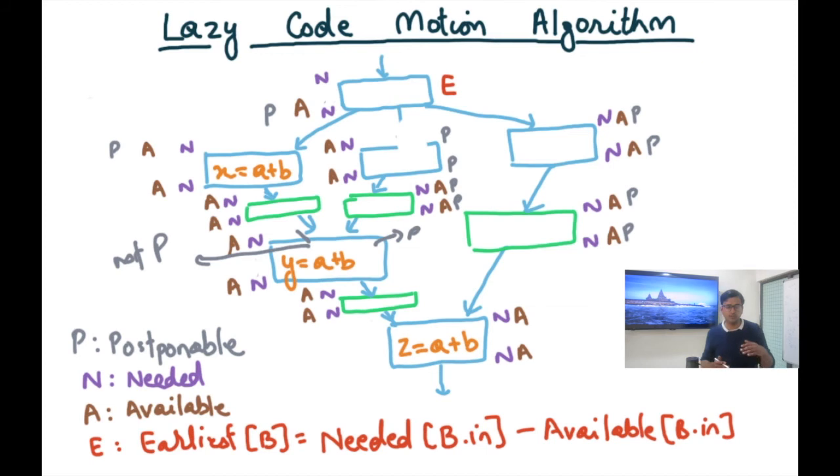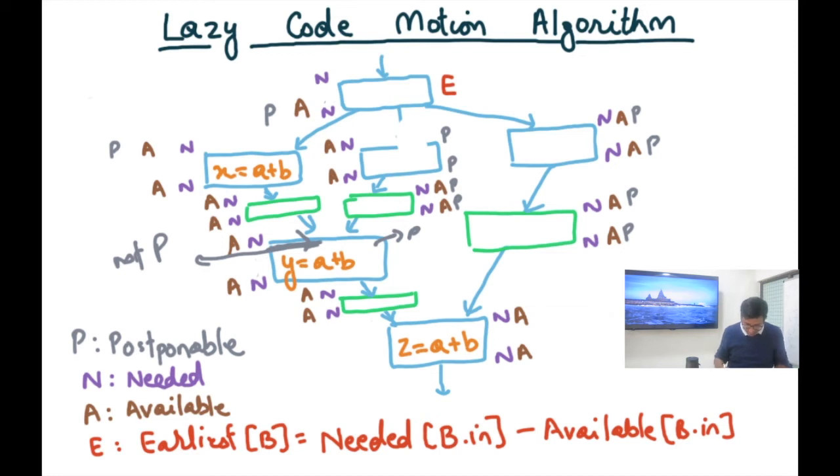Now this also makes intuitive sense because postponable means that I can compute a plus b here, but I should do that only if it's possible to postpone the computation here on all the incoming program paths. Even if it's not postponable from some of the incoming paths, then I don't want to keep the computation there.